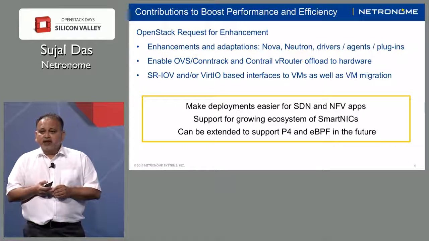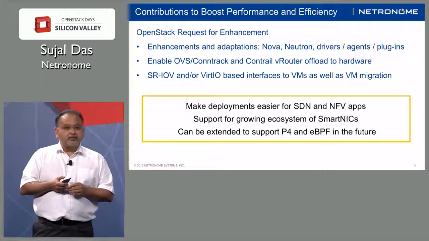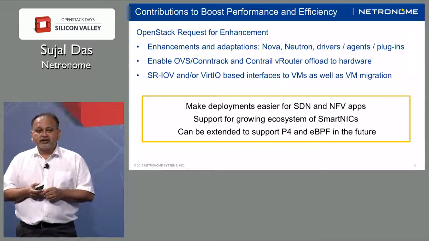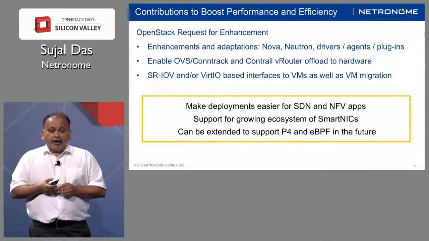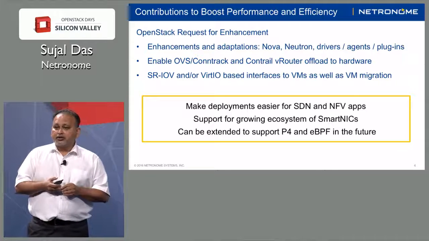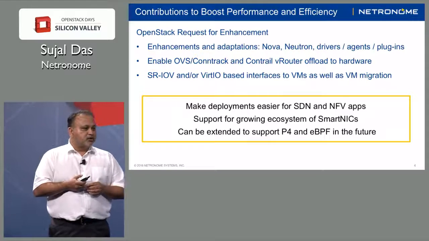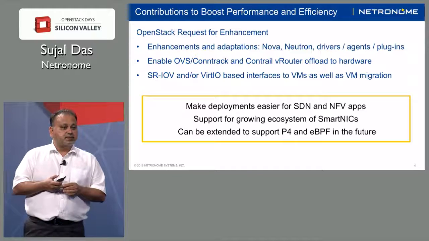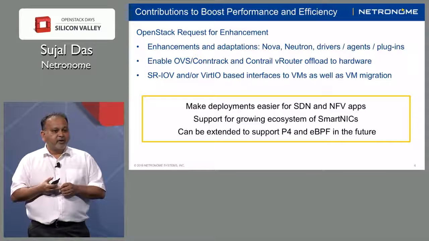Once this RFE is accepted, our hope is that deployments of zero trust security using OpenStack for SDN and NFV applications will be much easier and simpler, and also help support the growing number of SmartNICs coming into the market today. This RFE can also be used for additional datapaths that one could develop using languages such as P4 as well as eBPF. So there is a significant amount of benefits that this RFE can bring to the industry.